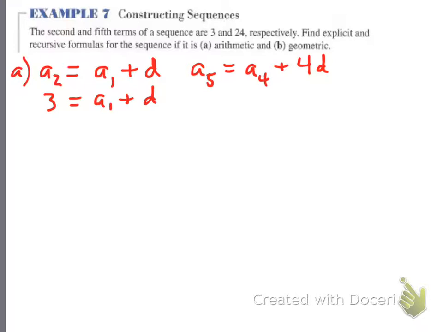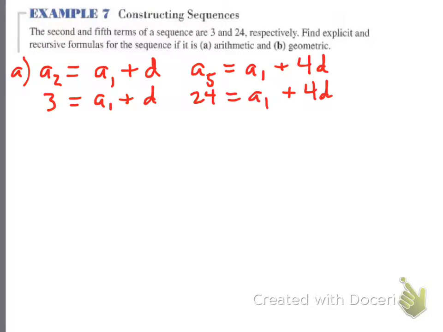But a sub 5 is 24. Actually, no, I'm sorry. Let me go back. That should not be a sub 4. It should be a sub 1. To find the fifth term, you take the first term and add 4 times the common difference. That's my bad.